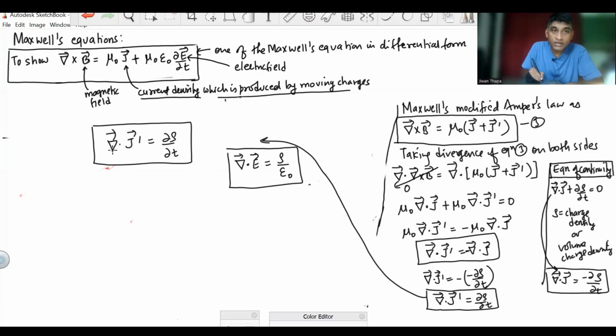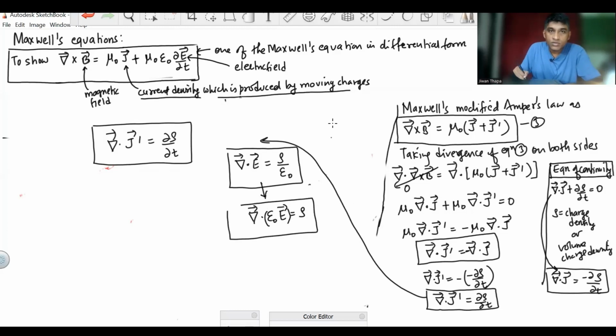So in this relation, we have divergence of current density J dash. So we can write this relation. Epsilon naught is constant, so we can write in this way. So I can put this in bracket also.